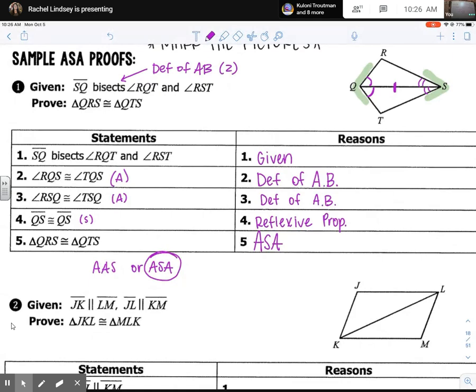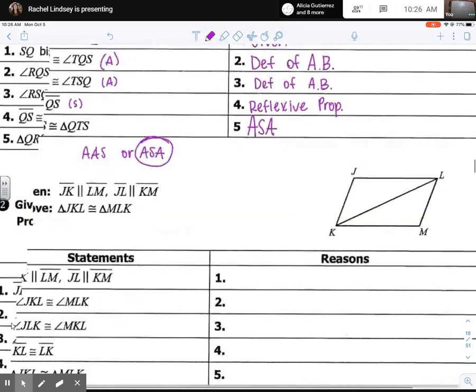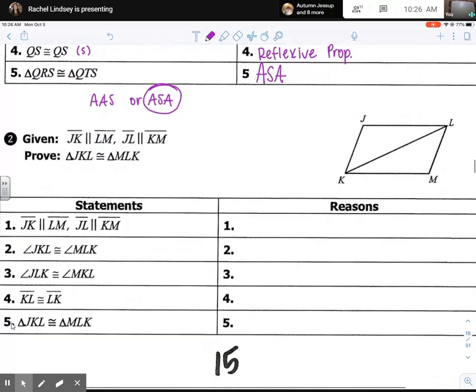It already gives me all my statements, so I can really just go through and mark the picture given my statements. I'm going to mark those parallel lines. JK parallel to LM. JL parallel to KM. So I marked what I was given.